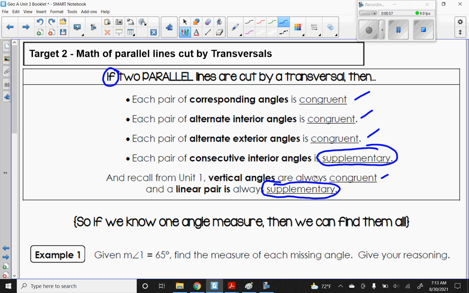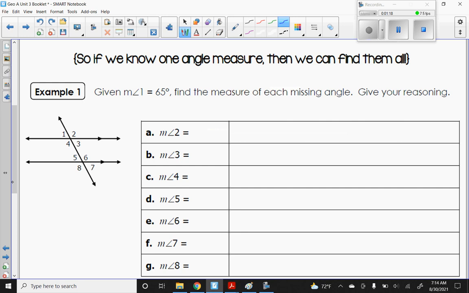To be honest with you, the only thing we really have to be concerned about is two things: they're either equal or they add up to 180. So you have 4 combos with dashes that are equal and 2 combinations that add up to 180 that I circled.